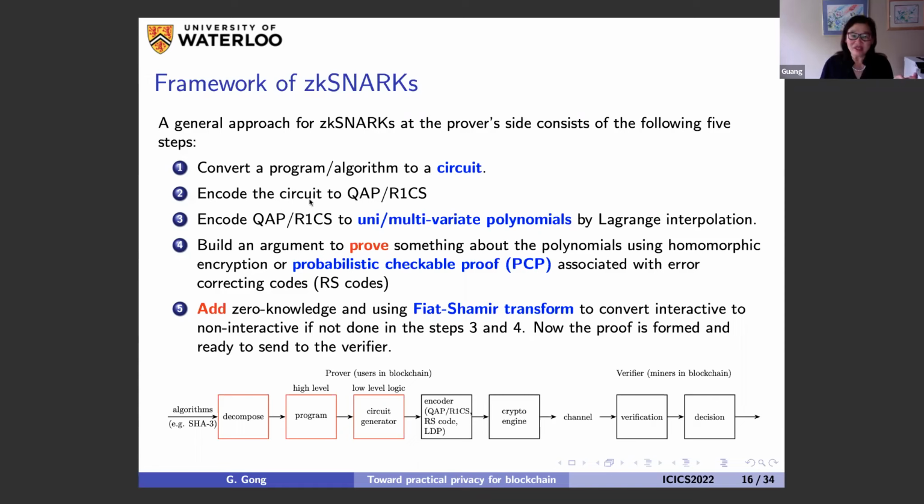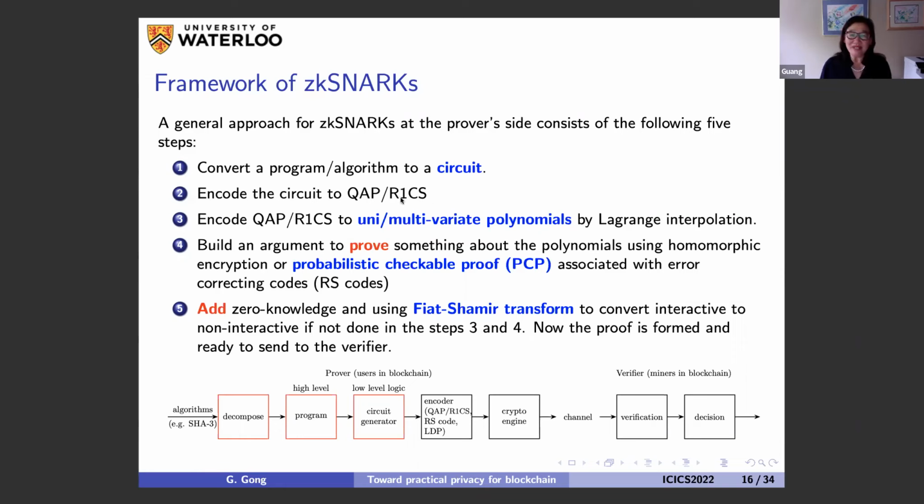Once we get a circuit, we encode it into a quadratic arithmetic program, or as a rank-1 constraint satisfaction, so either QAP or R1CS.